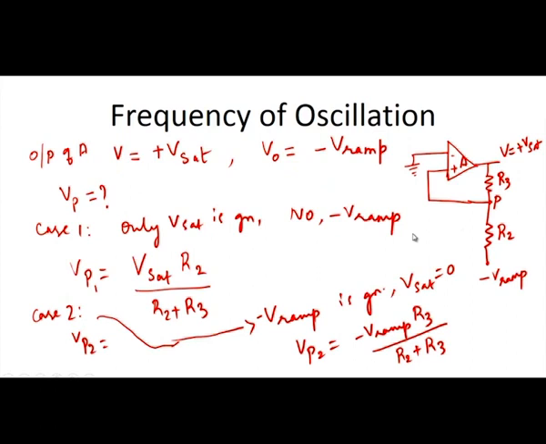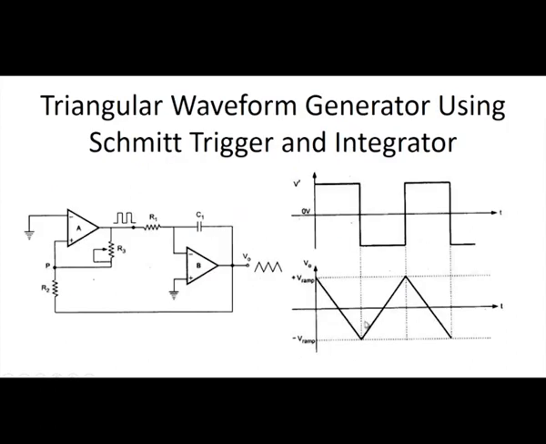And if you look at the waveform, say this is T1, this is T2, this is 0. From 0 to T1 it is a negatively going ramp.